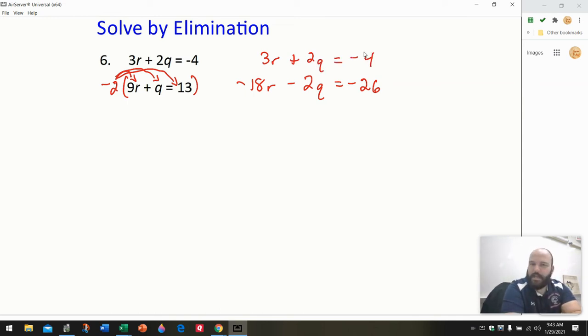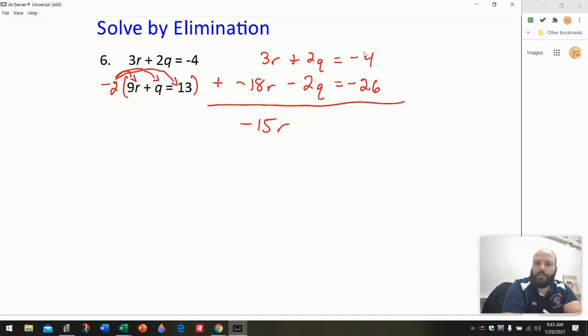Now what you see is we ended up with the q values being the same number, but their signs are opposite. And that's even better than the last one, because instead of having to subtract the two equations, we can just add them up. So I have 3r plus negative 18r. That is negative 15r.